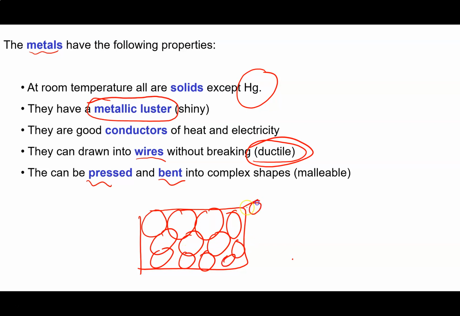So it's literally just like one or two atoms thick, which is pretty impressive. So when you see some really thin gold foil, it might just be a couple of atoms thick. This characteristic of being able to be pressed and bent into complex shapes is referred to by scientists as the material being malleable.